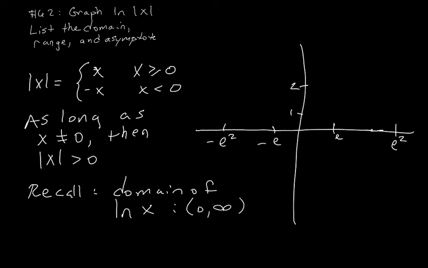So what that tells me is that the domain of the natural log of the absolute value of x is just any number that's not 0. So whether you plug a negative or whether you plug a positive in there, it's going to be okay to plug in. All right, let's slide this over.